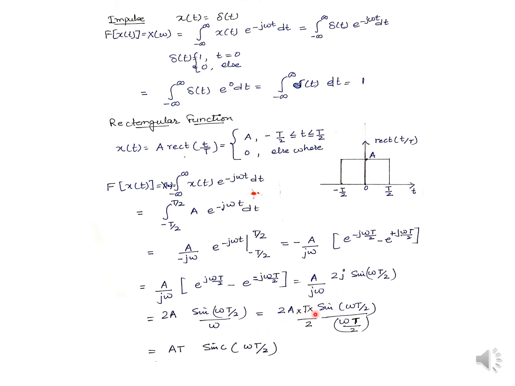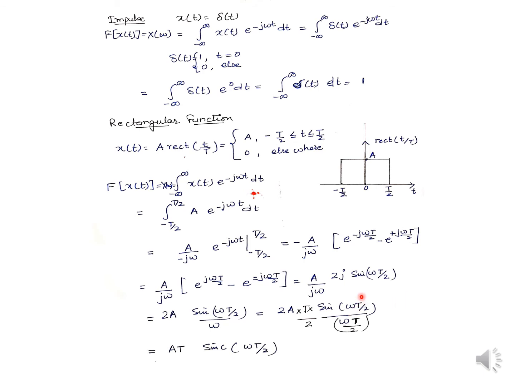Here we need to change this function to a very common function which we use in signals, and that is the sinc function. For the sinc function the rule is that sinc of x is equal to sin x over x, or sinc of ax equals sin ax divided by ax.